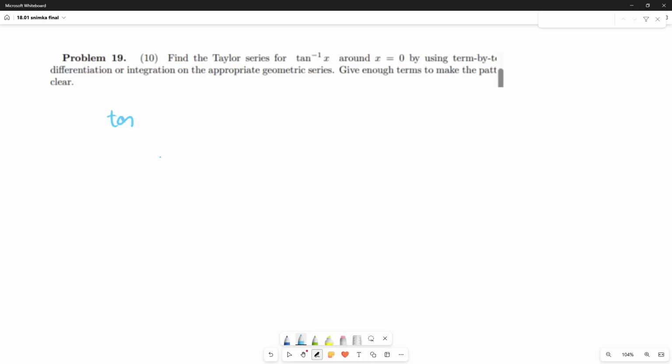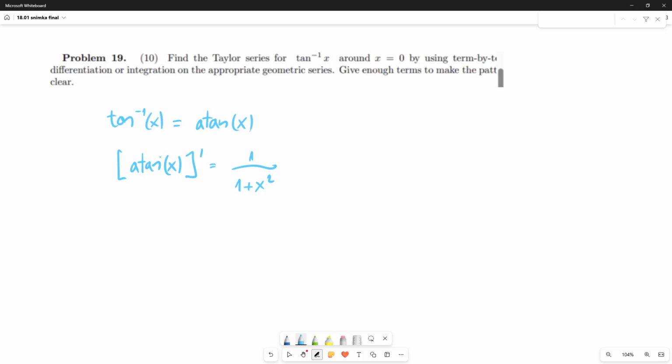So our inverse tangent of x, which I usually write as a-tan of x, which is arcus tangent of x, is a function whose derivative is known. When we differentiate this function, we obtain 1 over 1 plus x squared.